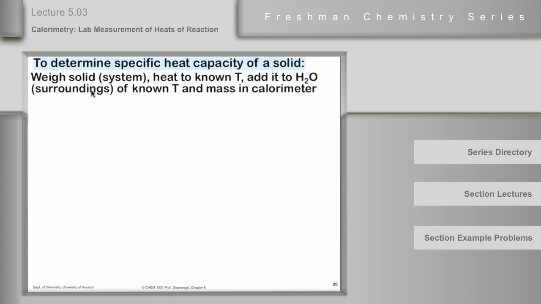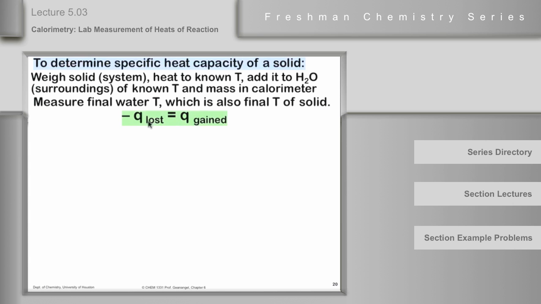Again, Q lost is equal to Q gained. So we can write down the expression for the Q from the object in this case, or the system, and the Q of the water, which is what absorbs the heat. So minus Q of the solid equals Q of the water.